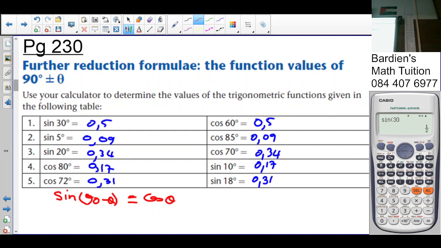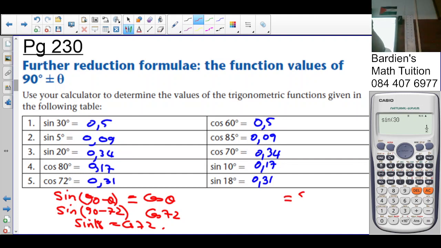So let's put this into play here. Remember here we had cos of 72. Cos of 72 is the same as sine of 90 minus 72. And what's 90 minus 72? 18. Can you see sine of 18? It's the same as cos of 72. Does that make sense? What would the other one be?